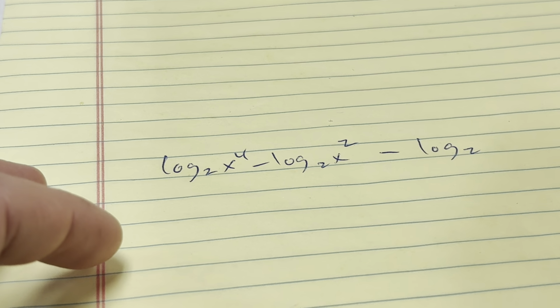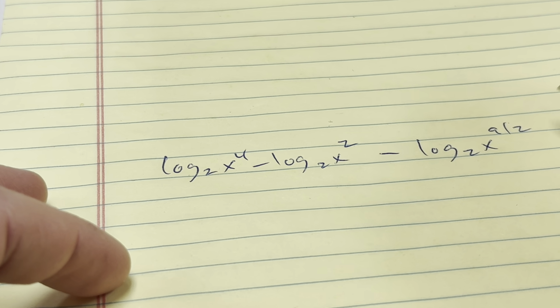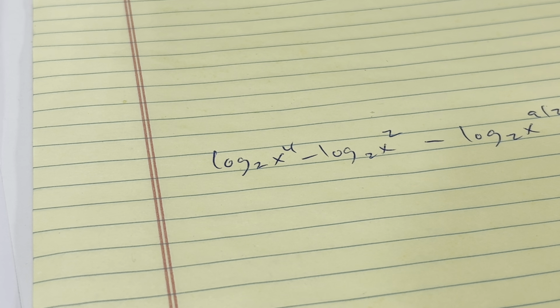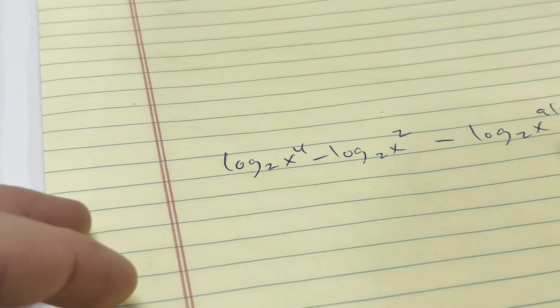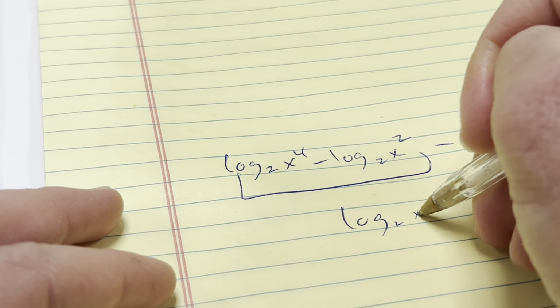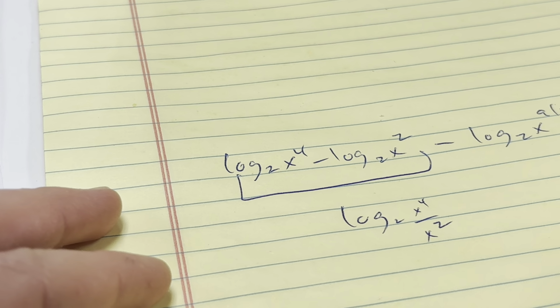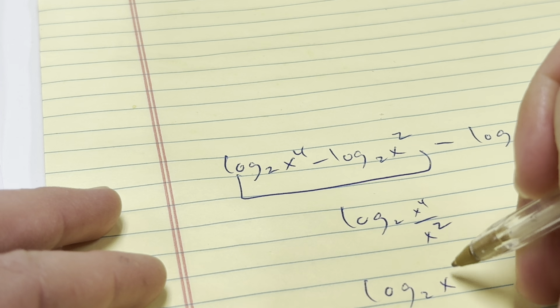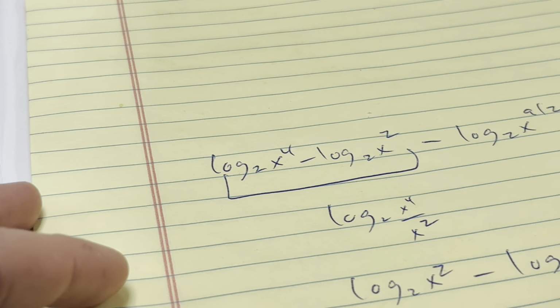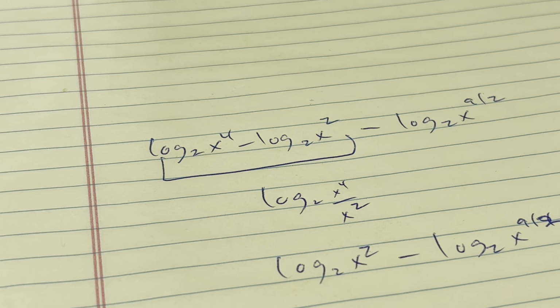I'm going to do 9 times 1/2, which is 9 over 2. Which means I'm going to do this first division. It's going to give me log base 2 of x squared, then minus log base 2 of 9 over 2.